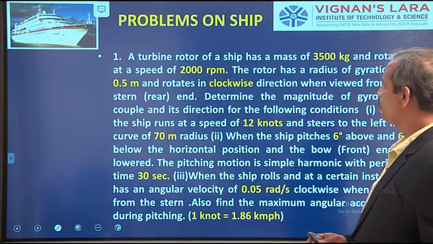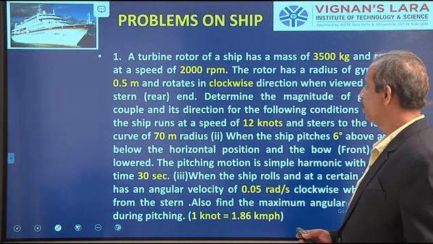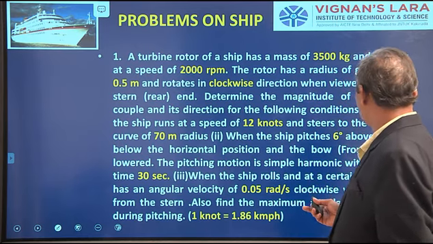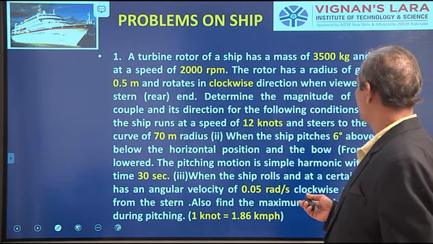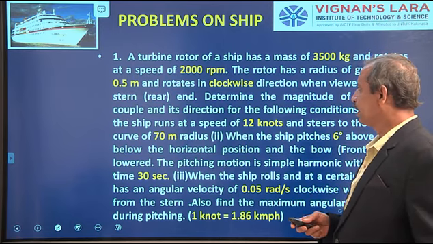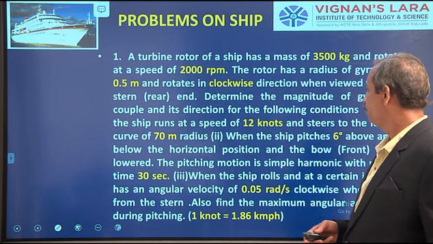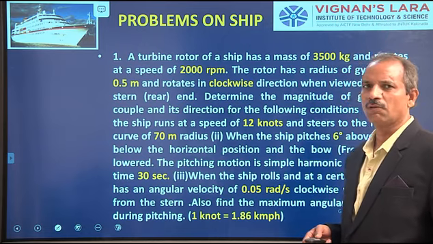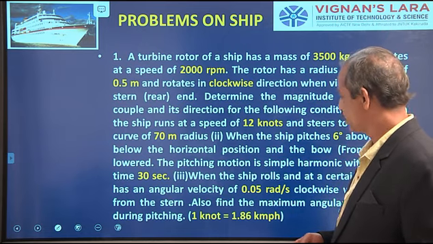Determine the magnitude of gyroscopic couple and its direction for the following conditions. So here you can see there are three conditions. Condition number 1: when the ship runs at a speed of 12 knots and steers to the left in a curve of 70 meters radius.